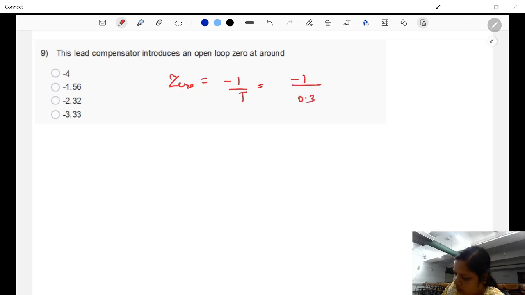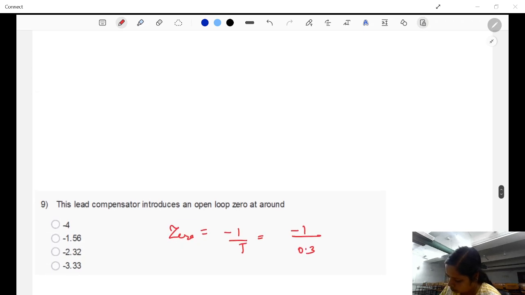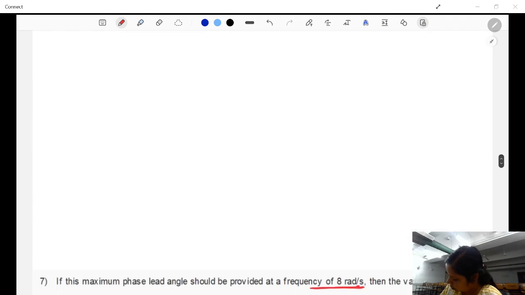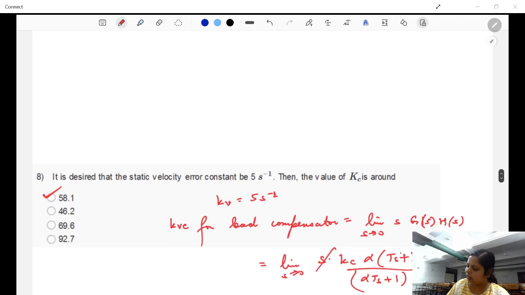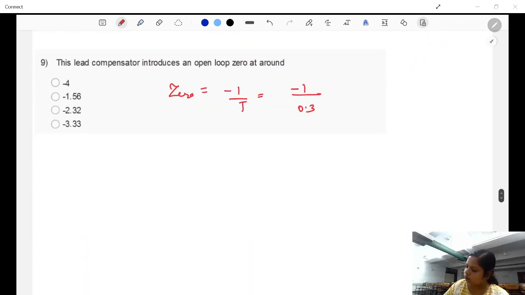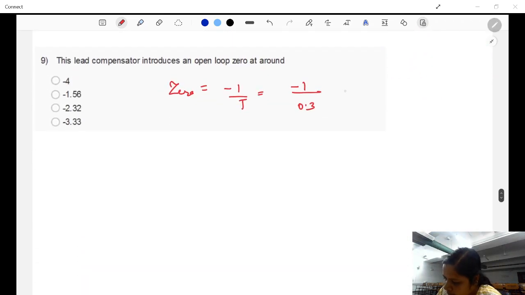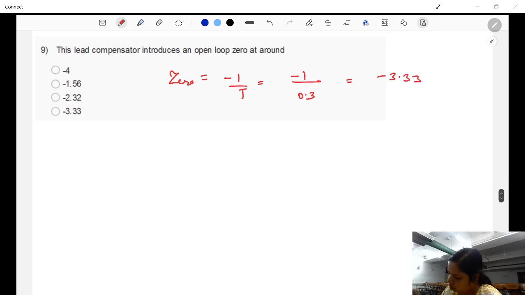It was 0.3. We discussed this in question number 7, that this is equal to 0.3, right? From here we are picking the same value, minus 1 upon 0.3, and it is minus 3.33. Okay, so the lead compensator introduces an open loop 0 at around this point.